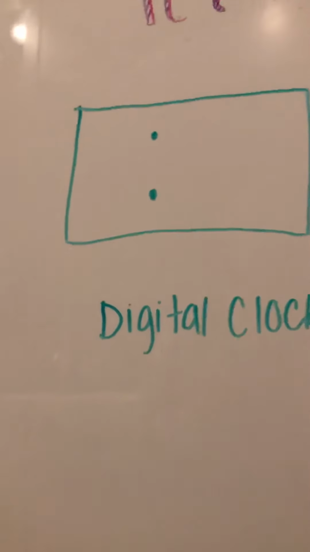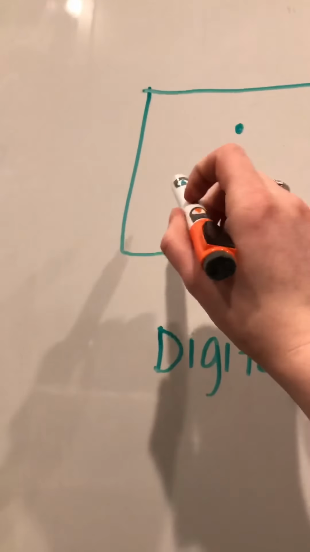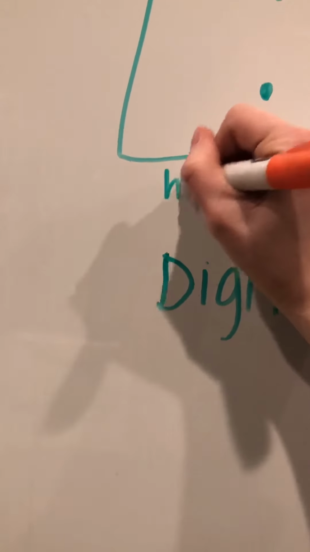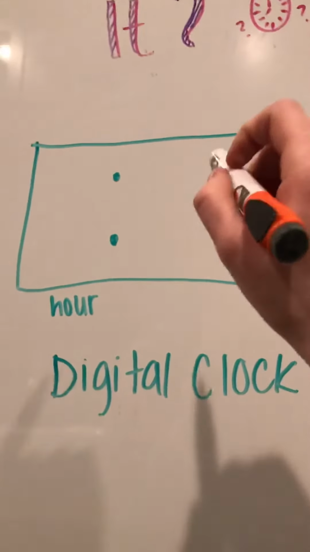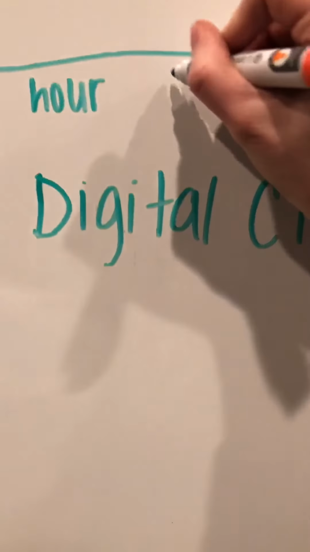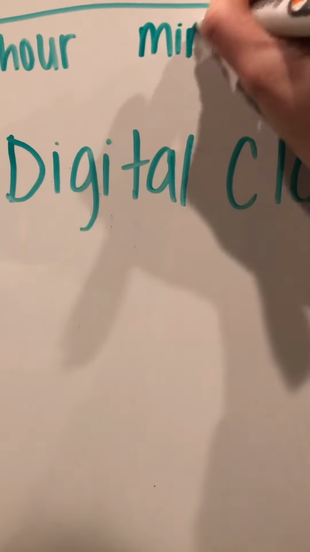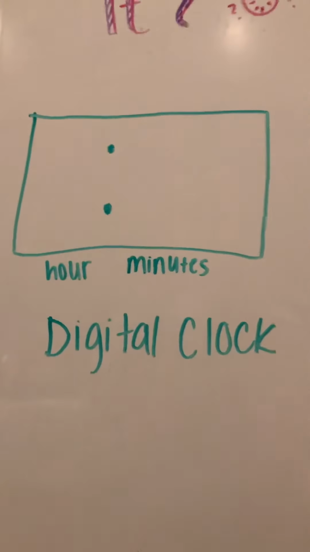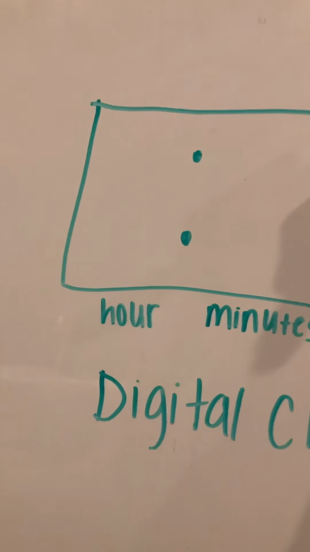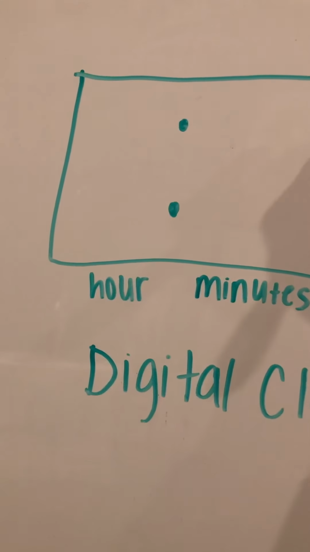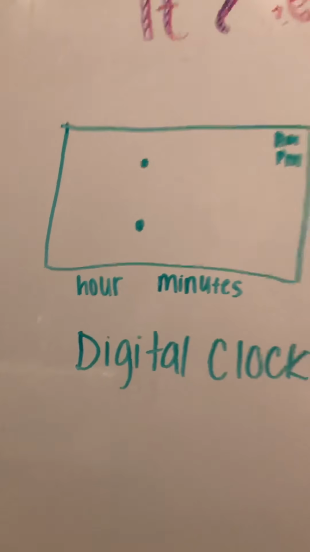And when we look at our digital clock, this side is our hours, and this side is our minutes. And on some of the clocks in this corner, it says AM or PM.